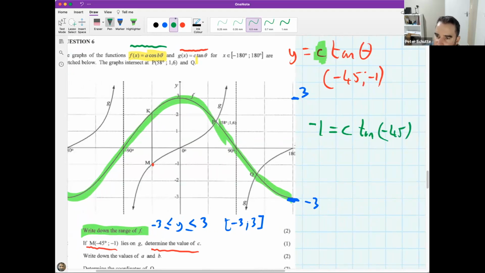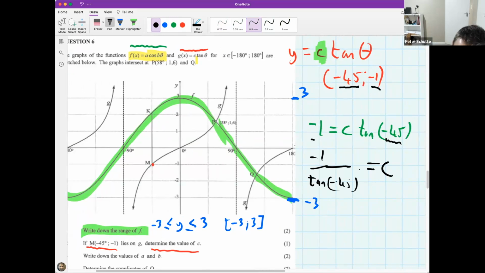Notice how I just took a point that is on the line. So there's -45, it's going in here. Here's my -1, it's going over here. If I want to find what C is, shouldn't I just do this in my calculator and then see what C says?